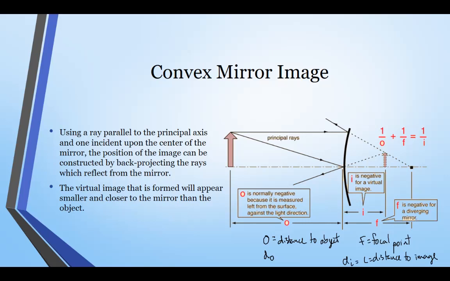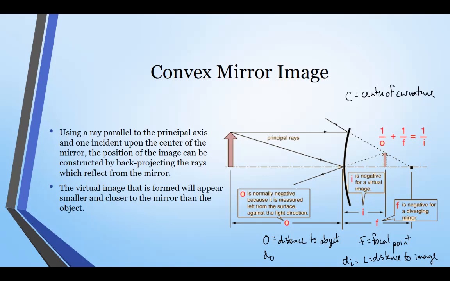There's another term I want to introduce. It's not used in this example, but there are definitely times when they use it, and that's the term C. C means the center of curvature. If we're dealing with a curved mirror, whether concave or convex, C is the distance from the midpoint, if you completed the circle, to the actual circle that it creates.